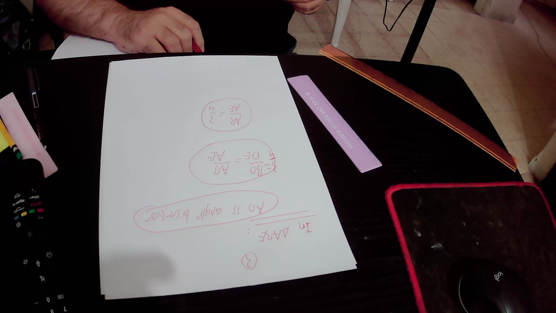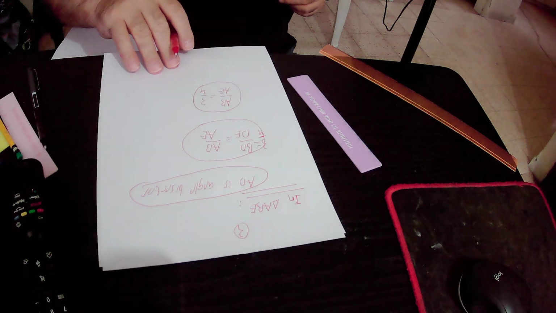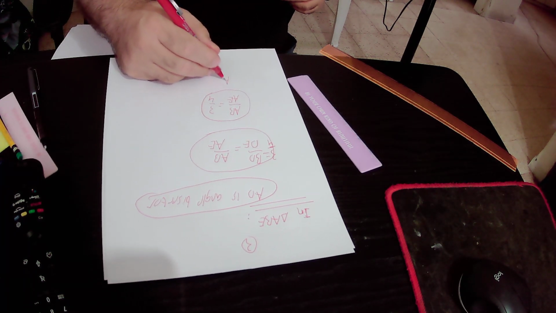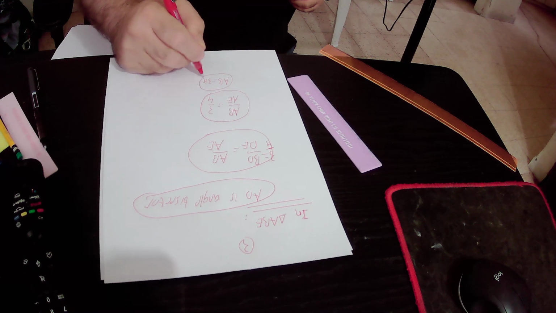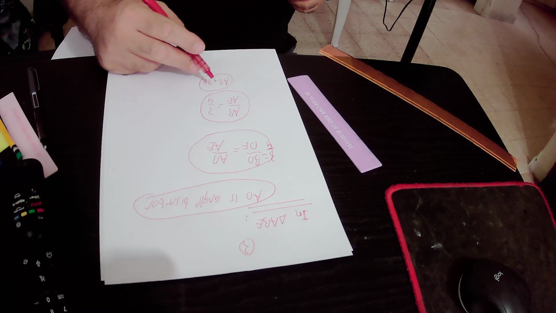And we will define AB as 3K. AB equals 3K according to our definition, and we will find the value of AE. What is the value of AE if AB equals 3K?